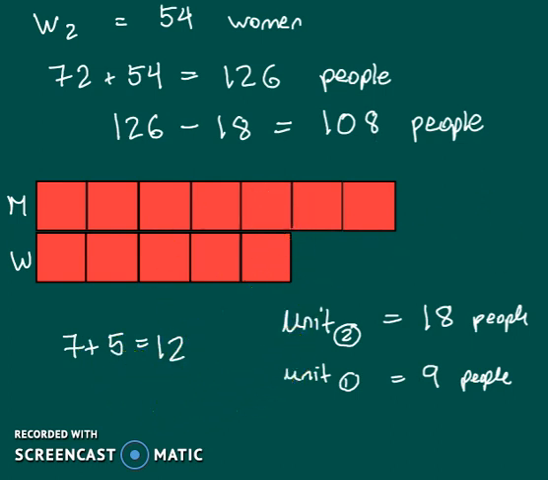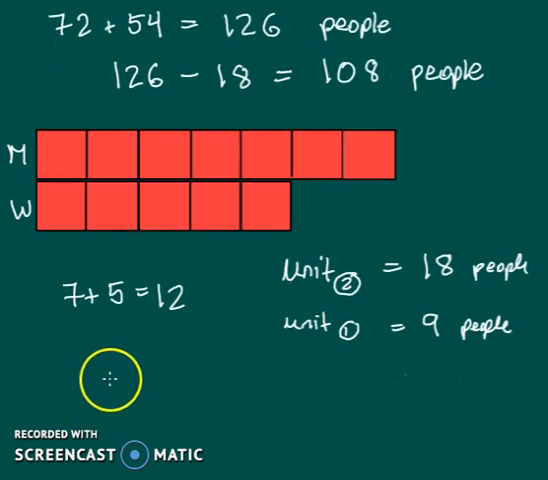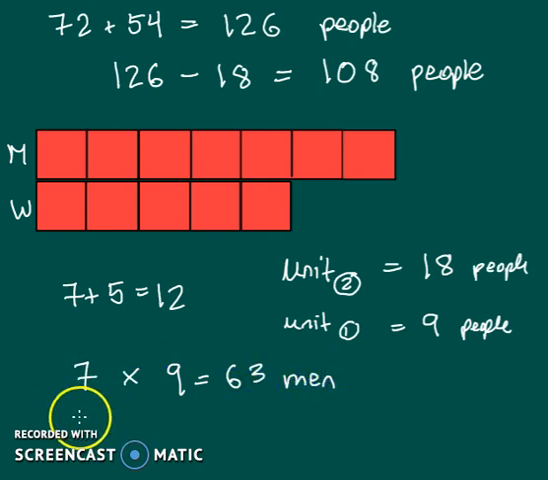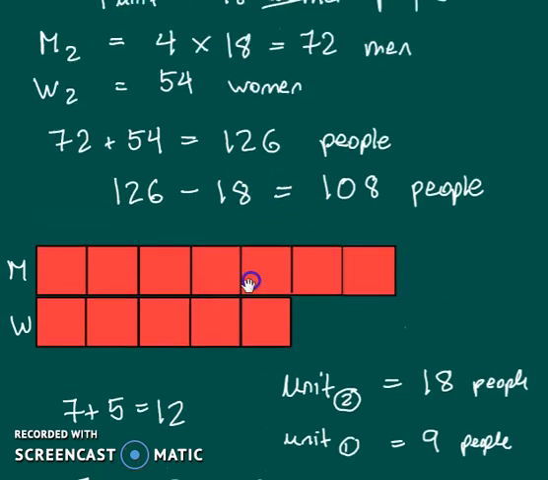So let's find out how many people there are. 7 units representing men, and each unit is worth 9 people. So that is 63 men, and 5 units, each of those units containing 9 people, makes 45 women. And what did the question ask at the beginning?